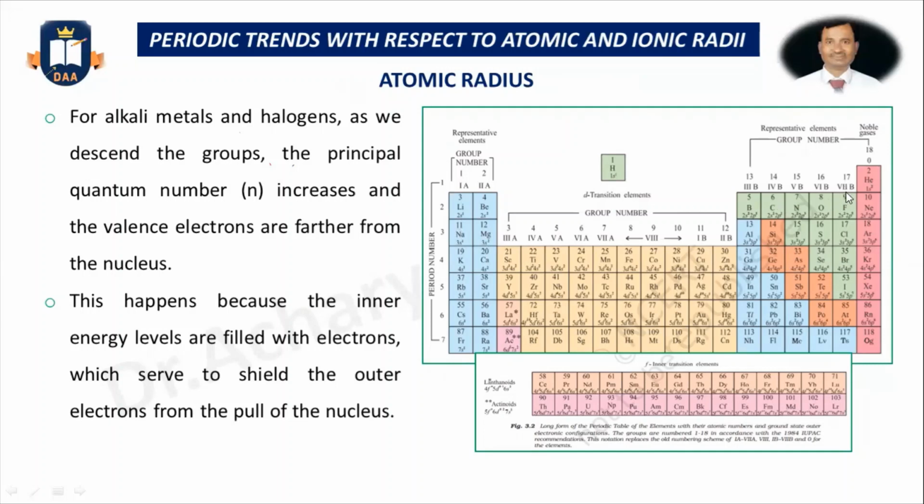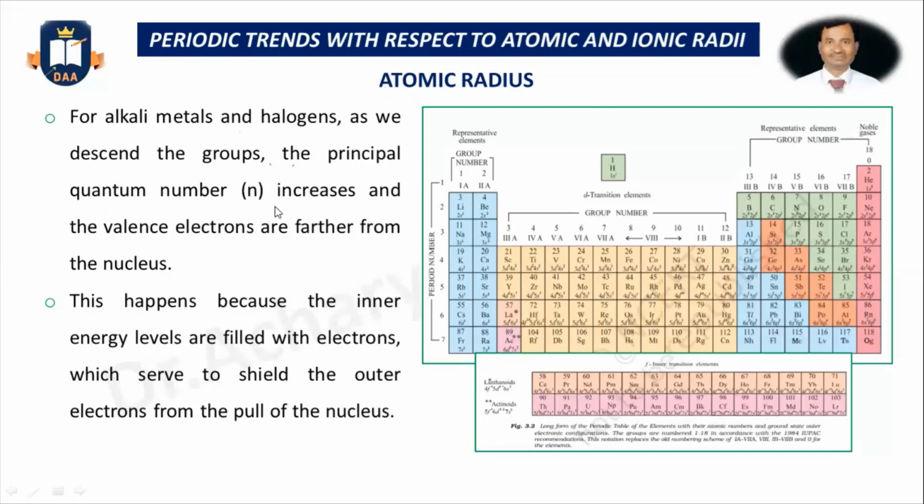Similarly, for group 17 also it is like that. For period number 2, the outer shell has principal quantum number 2, and for chlorine, if you go down to period number 3, the outer shell has principal quantum number 3. Group-wise, if you come down, the principal quantum number increases and the valence shells are further from the nucleus.